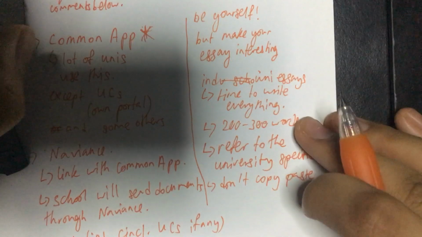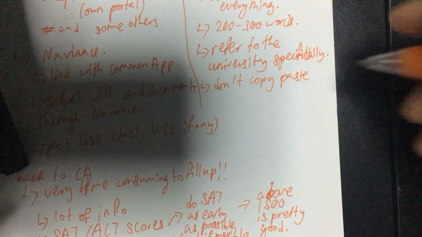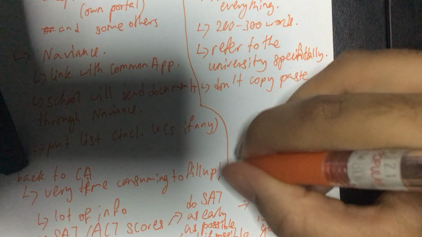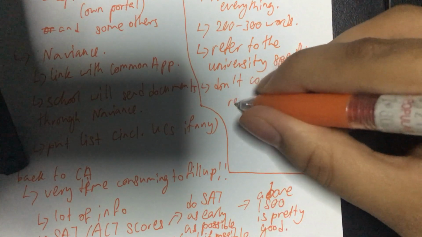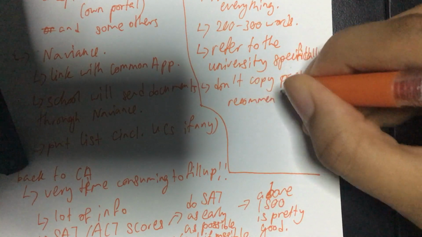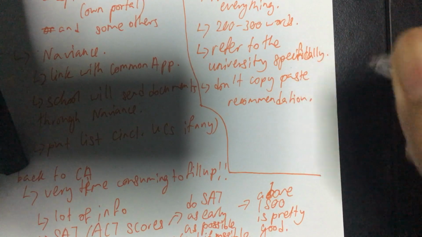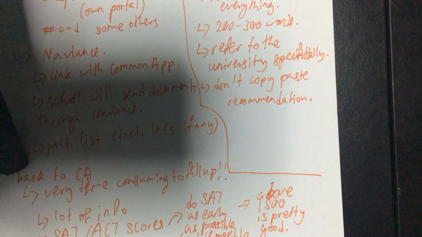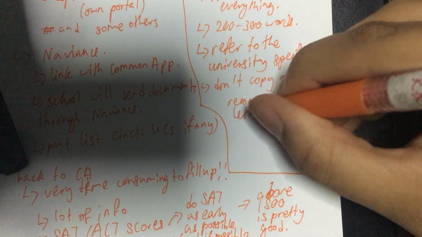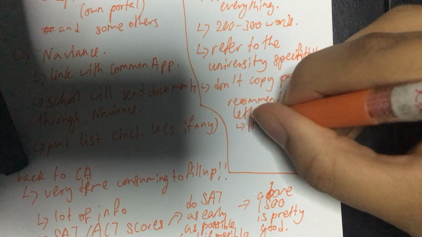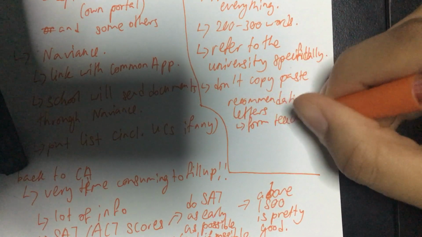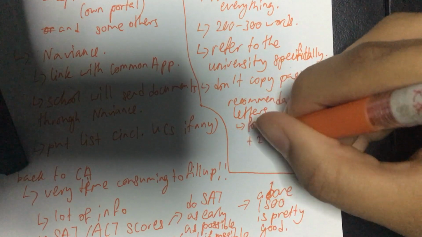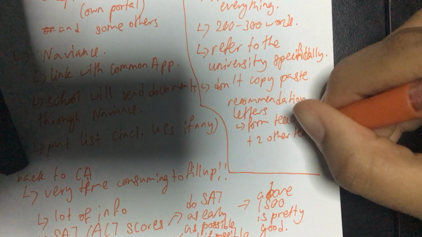A lot of the universities may recommend you to give two other recommendation letters, so please do try to get two other letters from maybe one science teacher and one arts, like humanities teacher or something like that. You can choose your teachers based on the major that you're applying to, and also try to have a variety of opinions, in the sense not just two science teachers, as it may be a bit too similar in point of view.